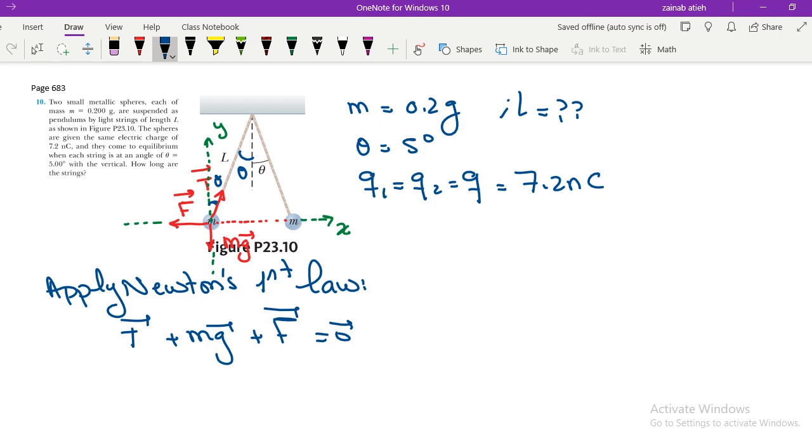So now I can find the projection of T. When I separate T, remember from mechanics, T is decomposed into two components, one along X and one along Y. The part which is adjacent to theta is always cosine theta, and the other one is always sine.